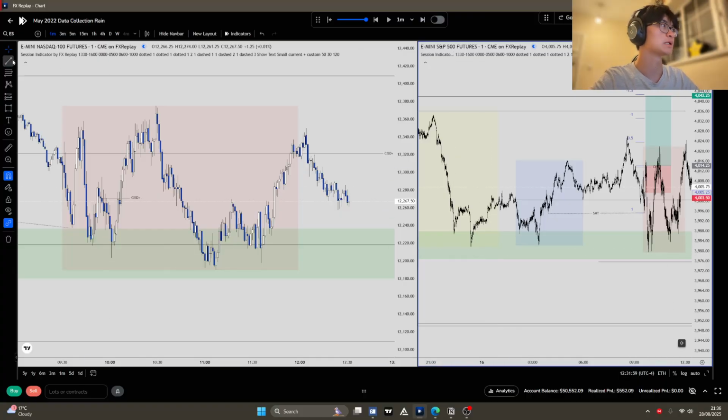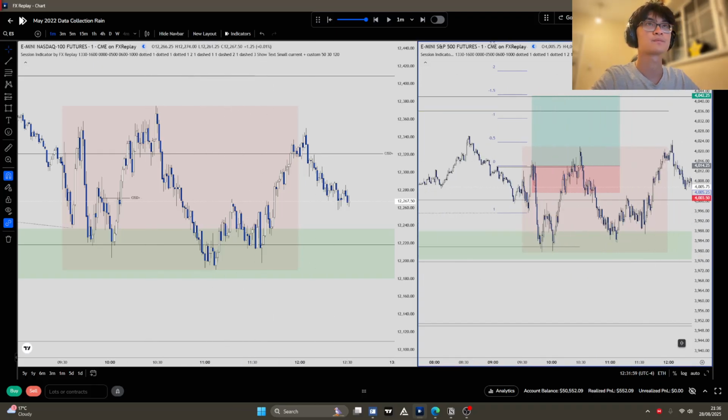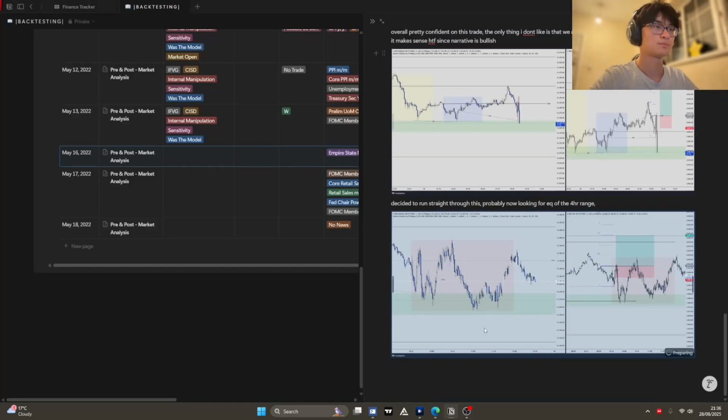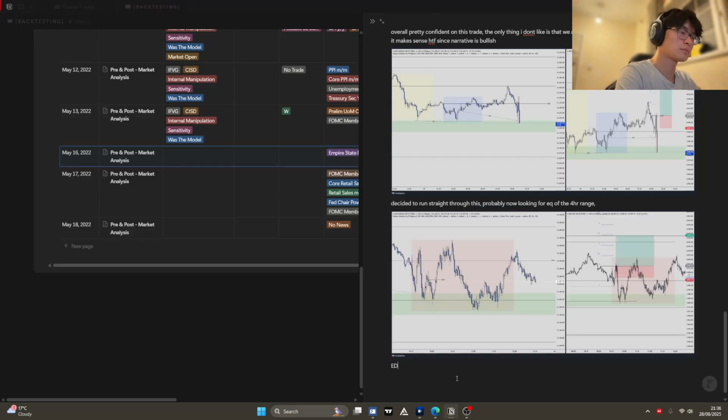I mean, we did take out these lows here. Ended up taking out the lows. We had SMT on, very choppy price action.